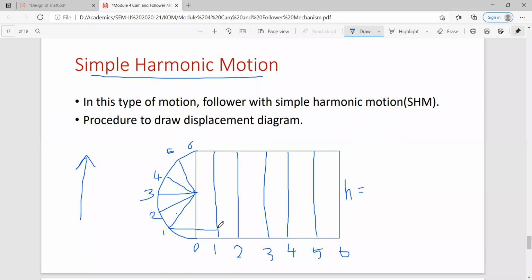So here you get a point. Then from point 2 on the semicircle, draw a horizontal line till this vertical line 2.